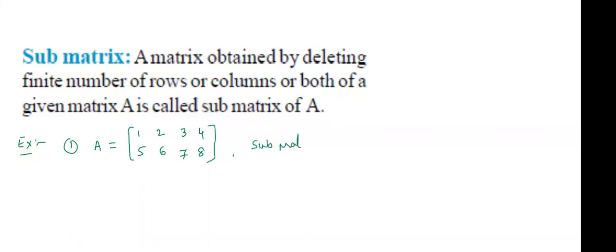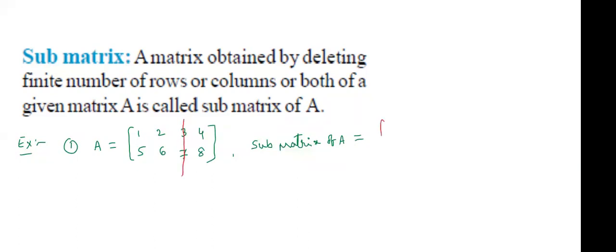Now write the submatrix of A. What is a submatrix? Deleting either a row or a column or both is called a submatrix. Submatrix of A. Here I am going to delete one column, this column.